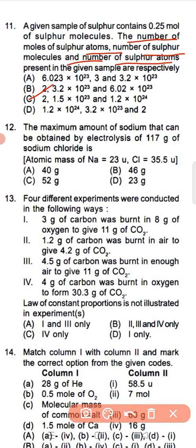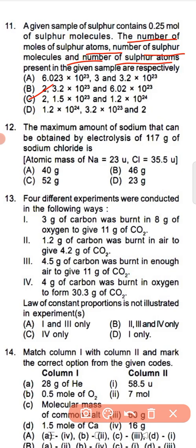Because the sulfur contains 0.25 mole, and 1 mole contains 6.022 into 10 to the power 23, we have to find out how many 0.25 mole contains in that way.